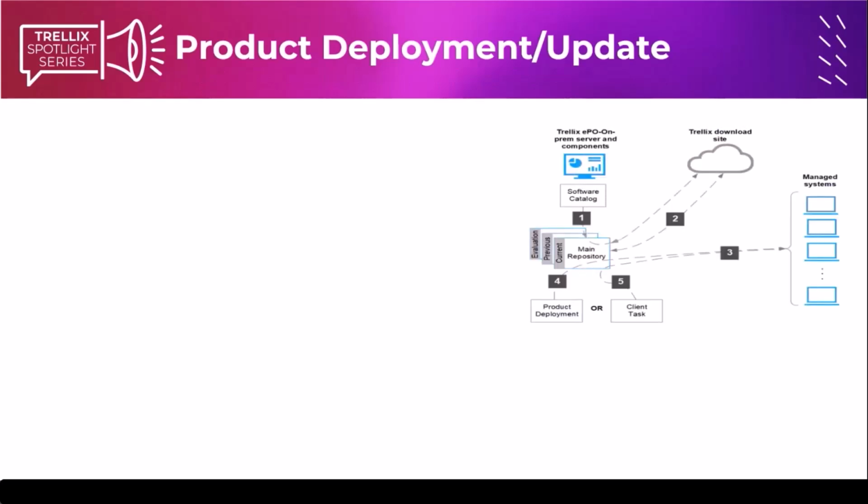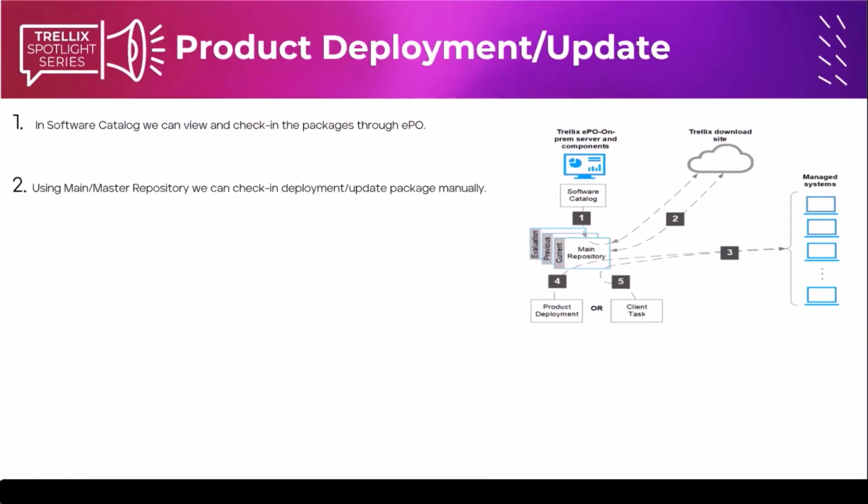Let's move on to the next topic, product deployment or the update. This pictorial graph will explain how to check in the products and assign the task to the machines. We can check in the products or the updates in the API using two options. One, using a software catalog, and another, manually downloading the package and checking it in.